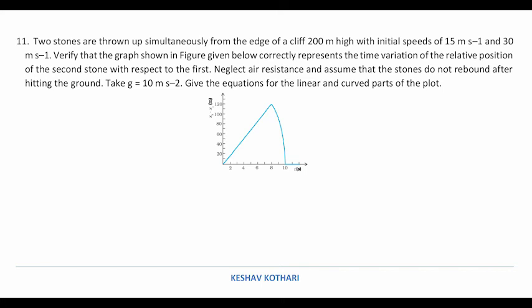For this particular question, let me first of all explain the situation, the way we will be solving this problem. We are considering that this is the cliff from which the stones are thrown up simultaneously, and the height of the cliff is 200 meters.